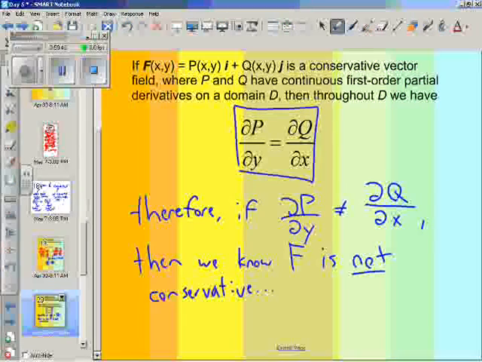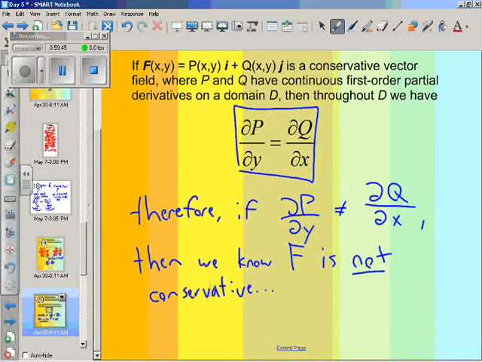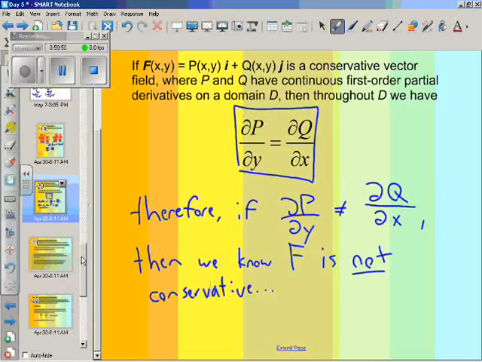So all we have to do is take the i term, take the y derivative, and then take the j term and take the x derivative, see if they're equal. Pretty straightforward.